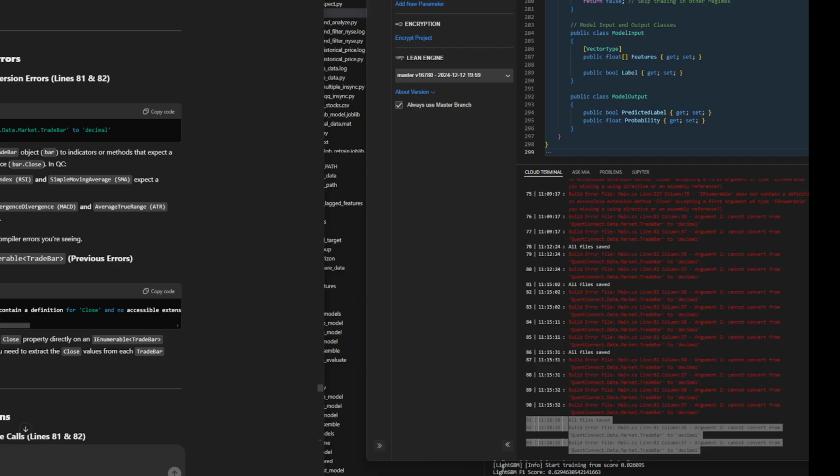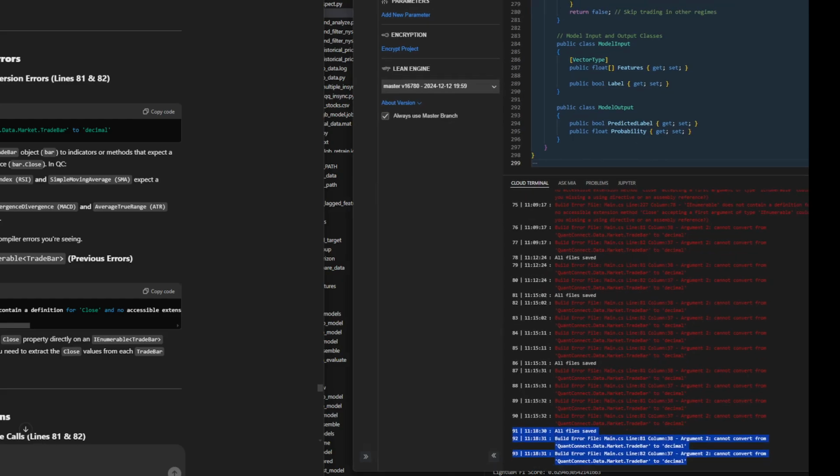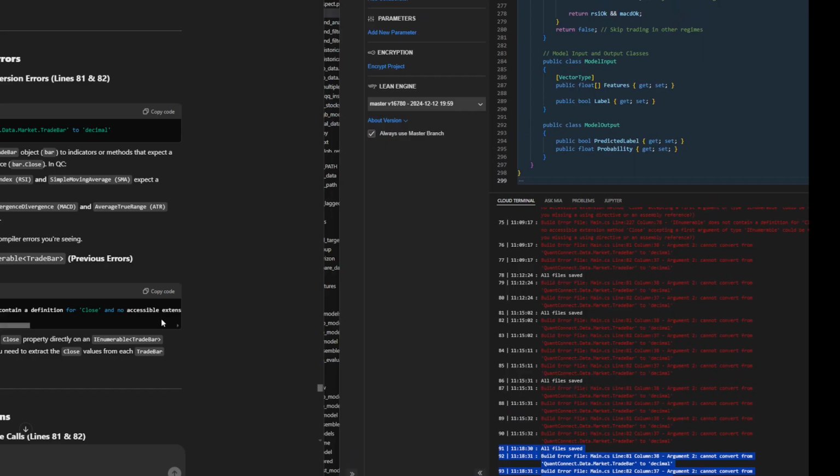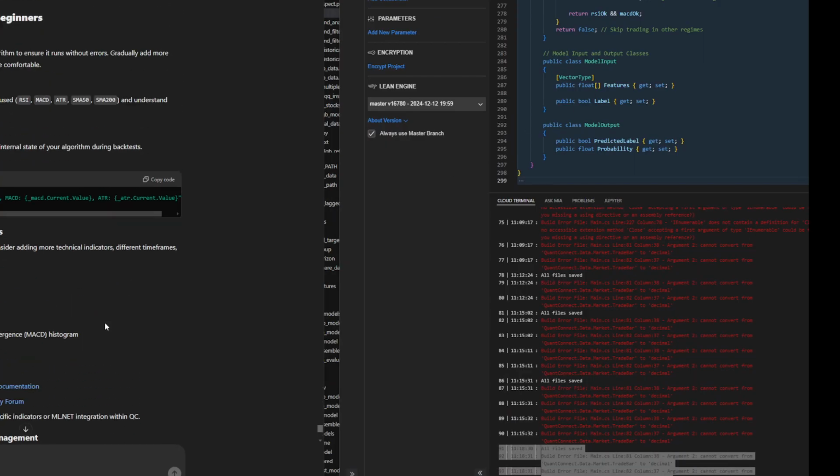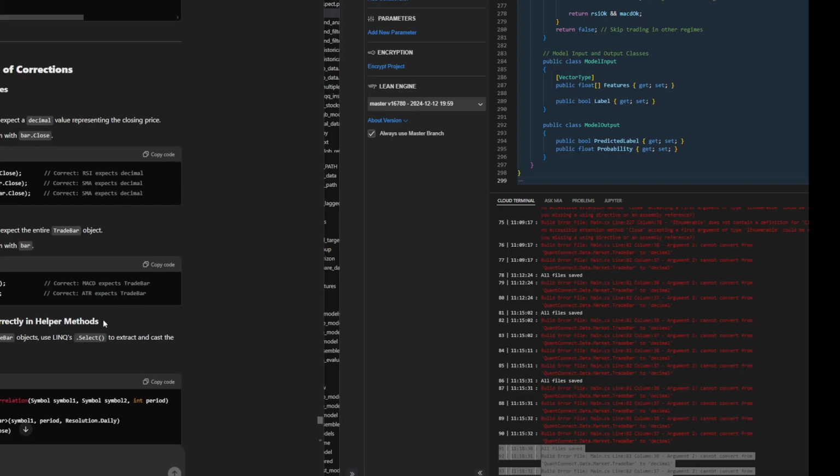So training the random forest is taking a very long time here, and then I came up with an idea to follow somebody's idea and try to implement it just on QuantConnect, and it's coming up with some errors.